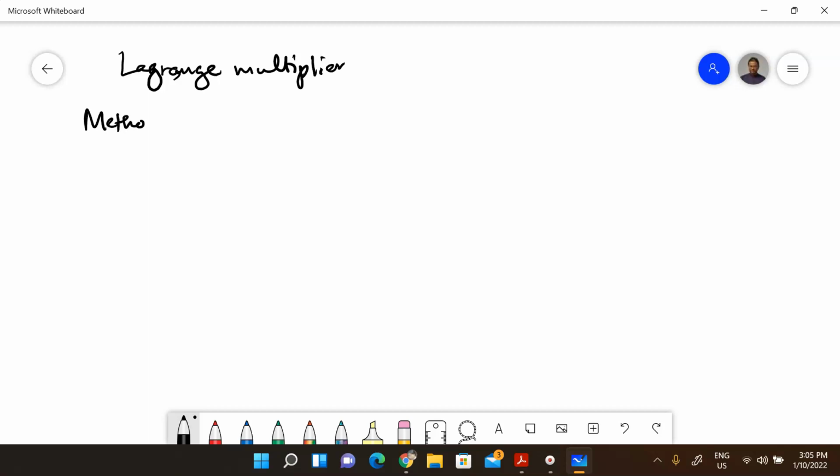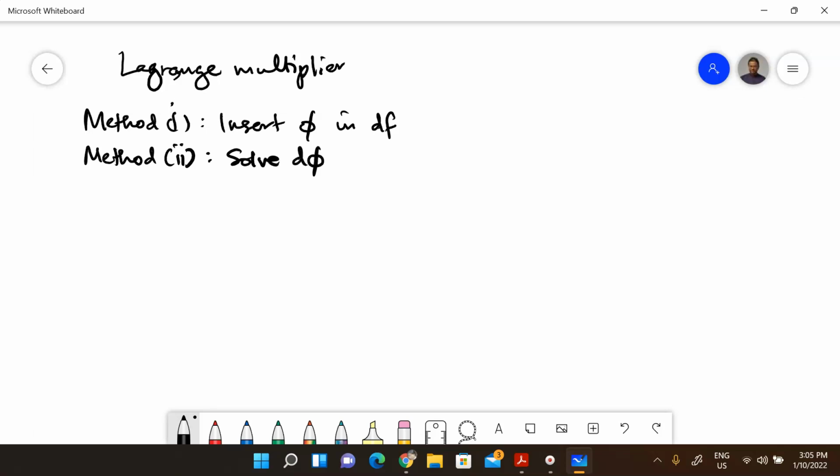In method one, what we did was to insert the constraint in df or df dx. Method 2 was to solve for phi. Maybe I should mention f is the thing to extremize and phi is the thing which is the constraint.